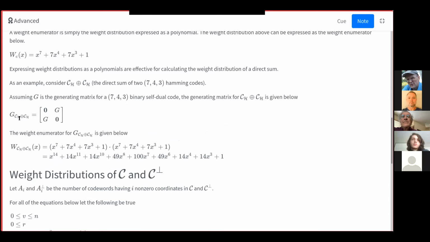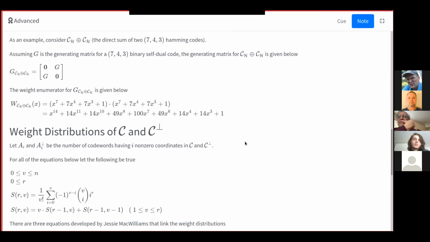You can create a direct sum by using this. You could pad the left with zeros here, put G, the generator matrix for like the Hamming code. You could put the other G here and pad it over here with zeros. And the resulting weight enumerator generated by this will be equal to the product of the weight enumerators, which are polynomials.